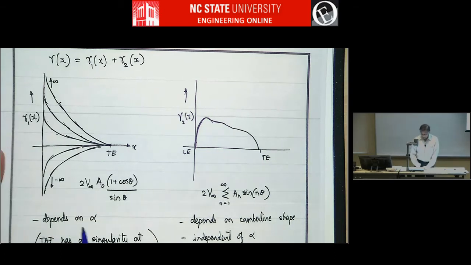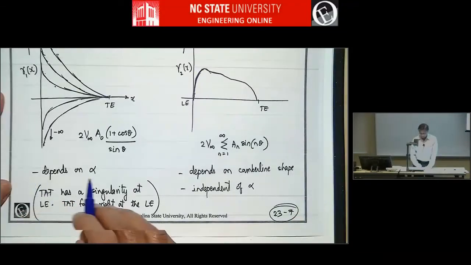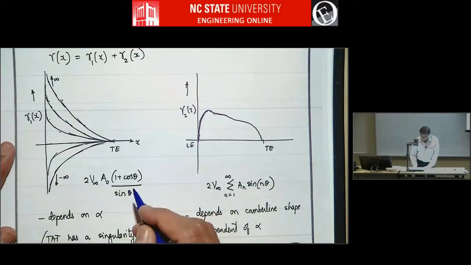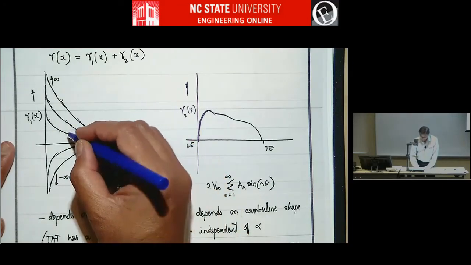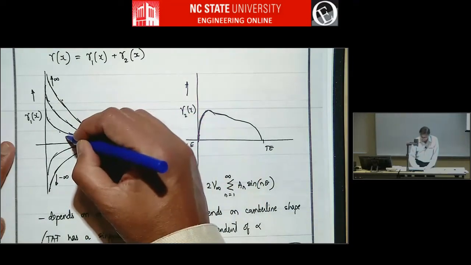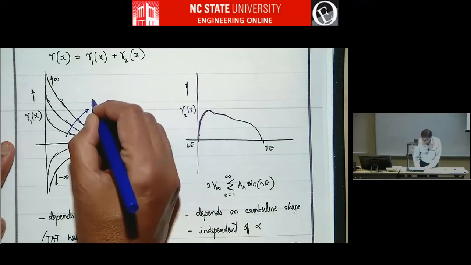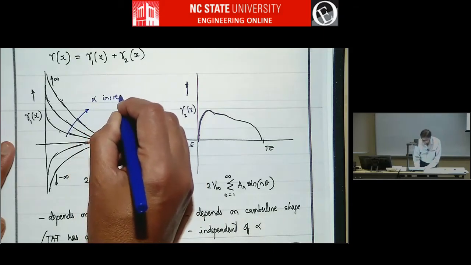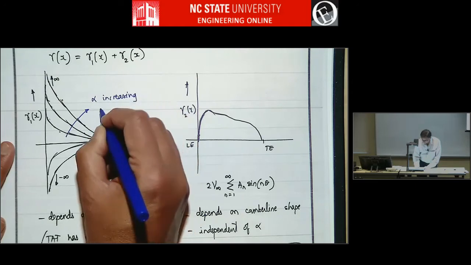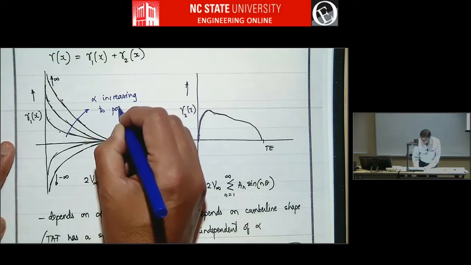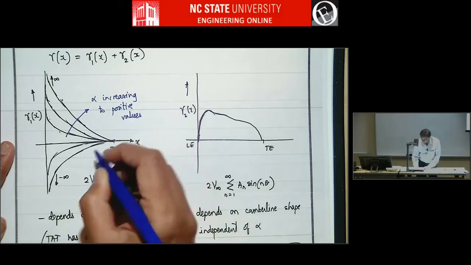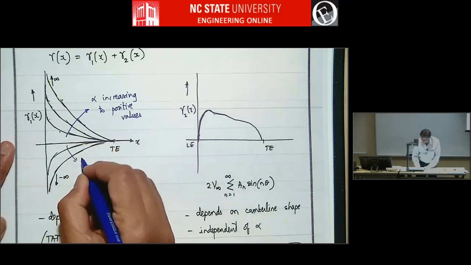So gamma 1 is the angle of attack term. This gamma 1 depends on angle of attack. If you increase angle of attack, you go this way. And decrease angle of attack, it goes this way.